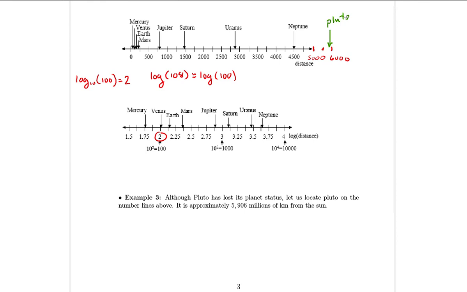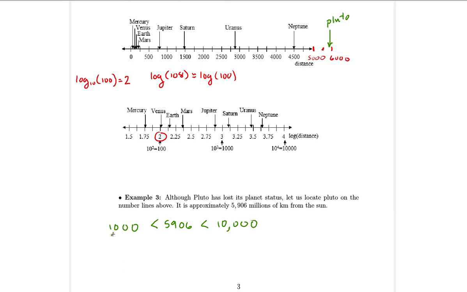All right, well, first of all, let's just say this. If we want to do this without a calculator, all we have to do is find the nearest powers of 10. So what we know is that 5,906 is between 1,000 and 10,000, right?